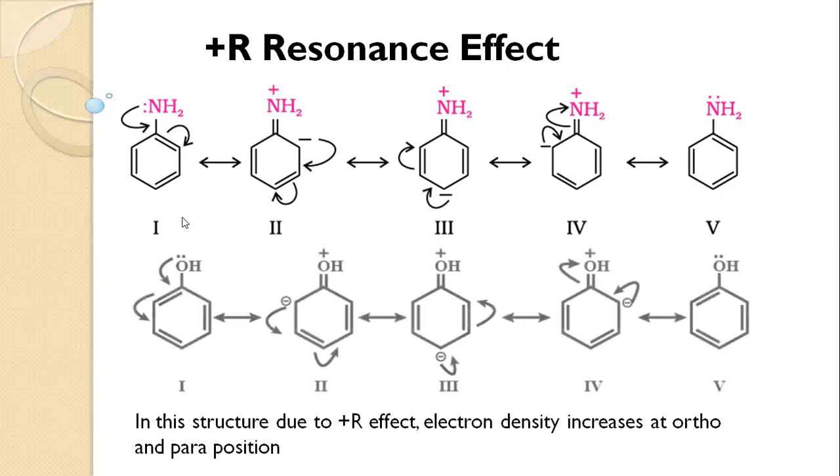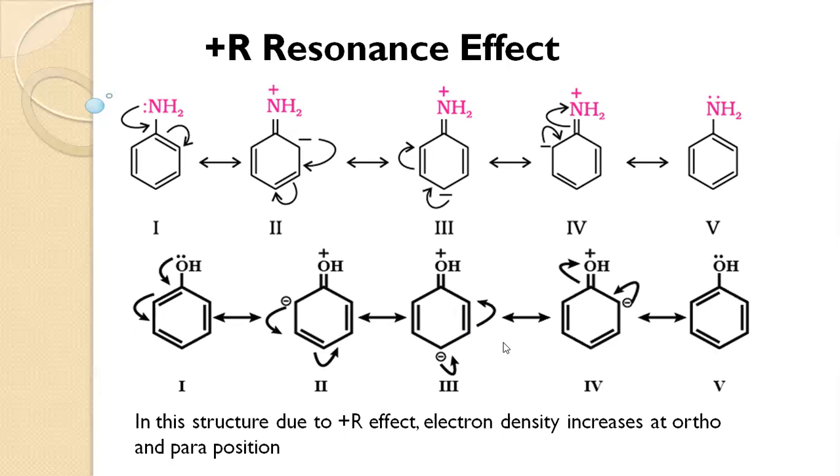See one more example, phenol. On the oxygen there is a lone pair of electrons, and this lone pair is delocalized and forms a double bond between the oxygen and carbon. Due to that, the next bond, which is a pi bond, shifts between the next two carbon atoms, which creates more electron density, and it forms a resonance structure by the delocalization of pi electrons.